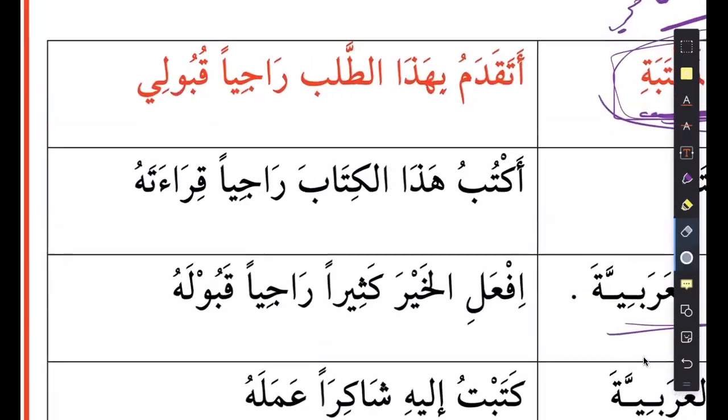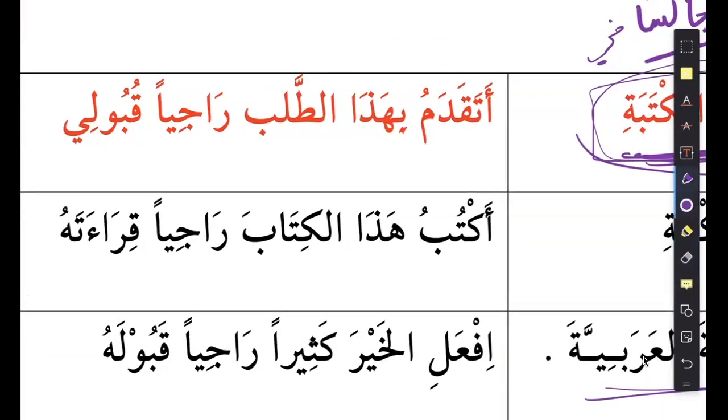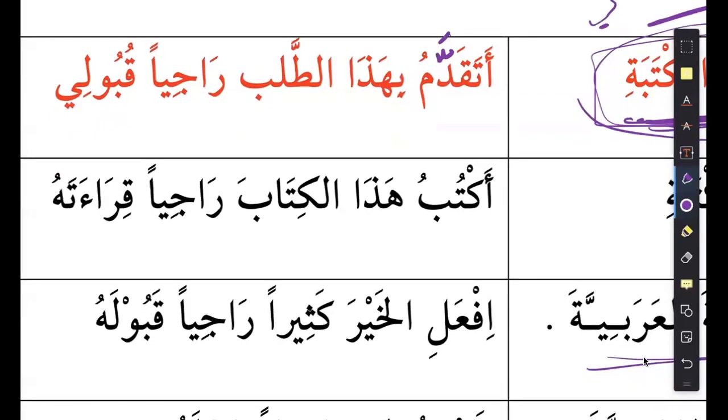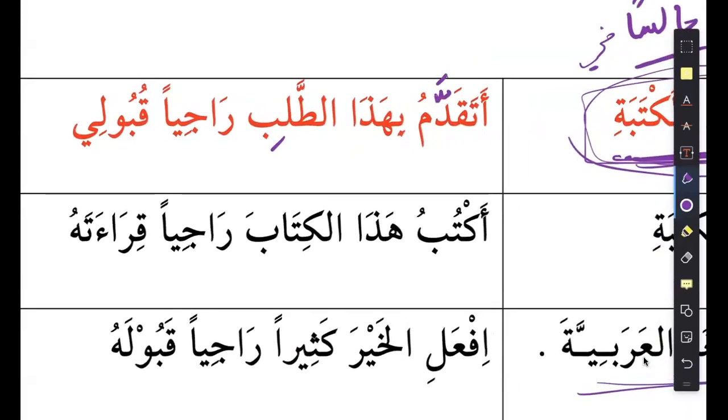Now, the next one is, please keep on making this mistake. Ataqaddamu bihadha talabi rajian qubuli. I think we had a similar structure as well. I'm submitting this talab, this request, rajian, hoping, qubuli.